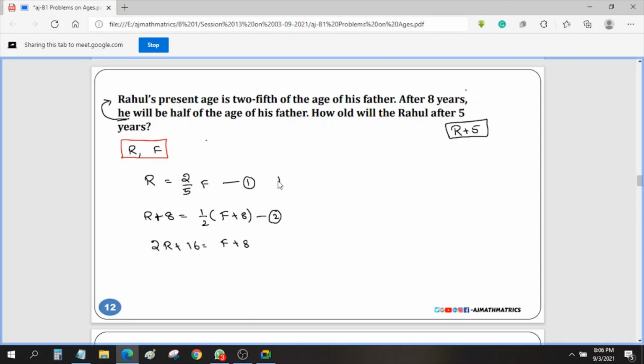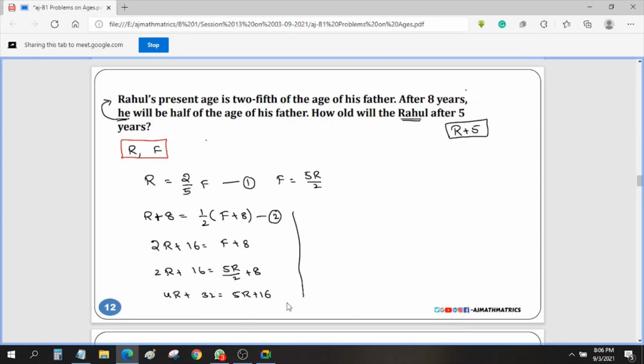So in place of F, what can we substitute? 5R by 2. I am substituting this because I need to convert my data into R only, because I need to find out Rahul's age. Now 2R plus 16 is equal to 5R by 2 plus 8. So 4R plus 32 equals 5R plus 16.